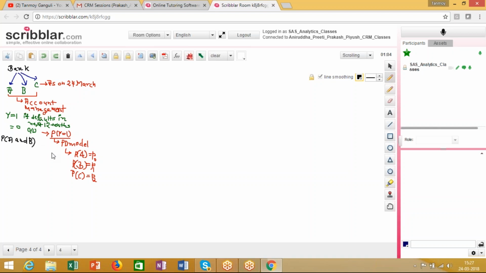I mean, what is the probability that A and B will default? A and B are two independent obligors who have taken the loan, so I need to know the probability that A is defaulting and B is defaulting.